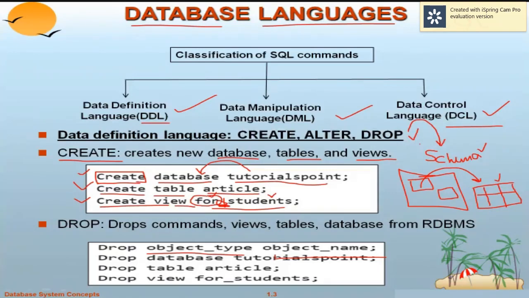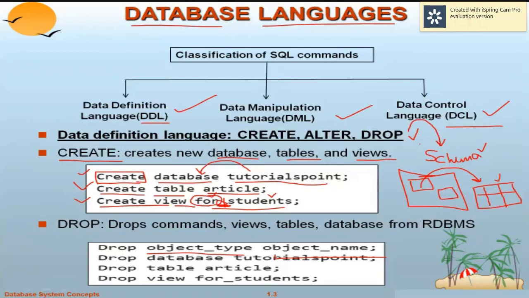So to make the compiler out of its confusion, we never leave space between words in names. In the names, you better either remove the spacing and write straightforward, or if you want to make the name clear, you can use the underscore instead of space. So this is about create.